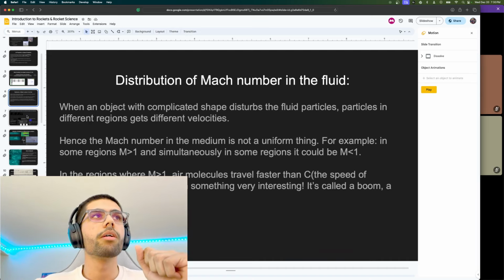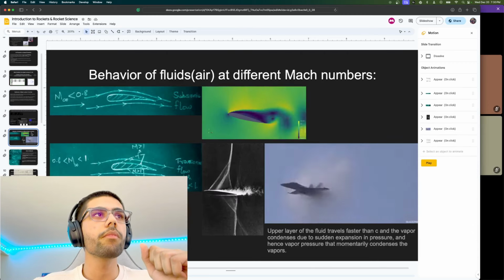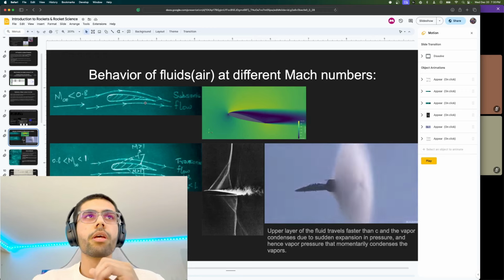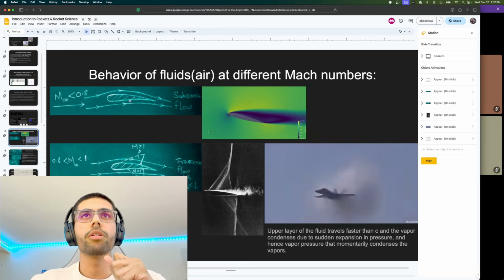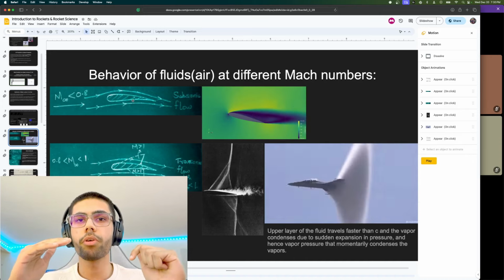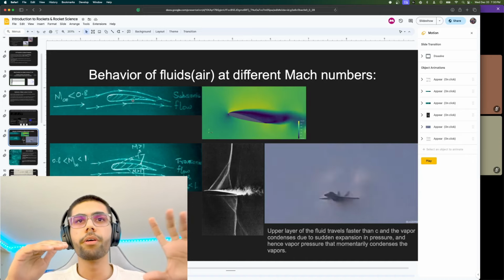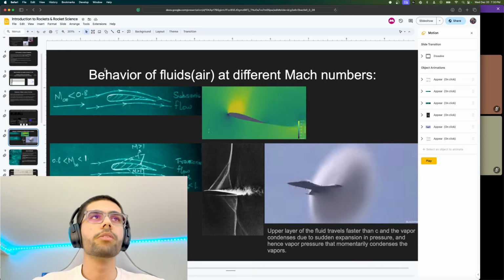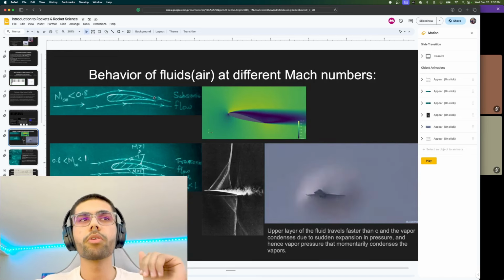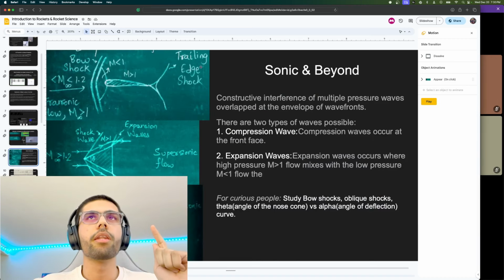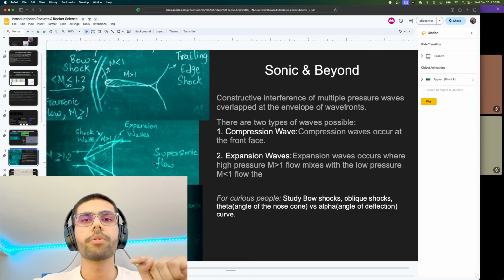We studied those interactions with the help of this airfoil, and how it affects the fluid medium around it at different speeds. So we talked about subsonic flow, transonic flows, and then supersonic and hypersonic flows.